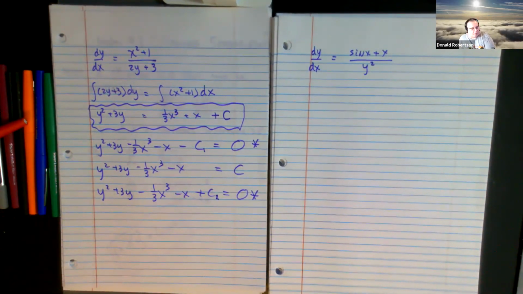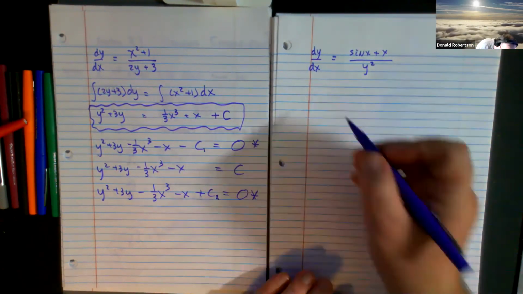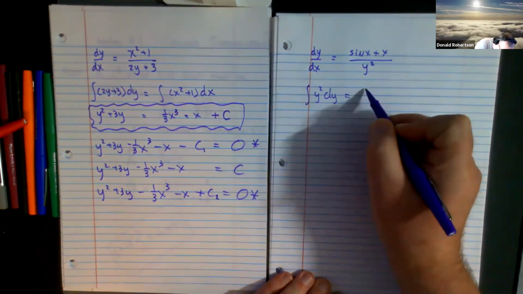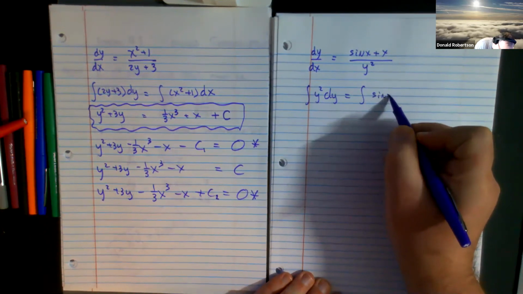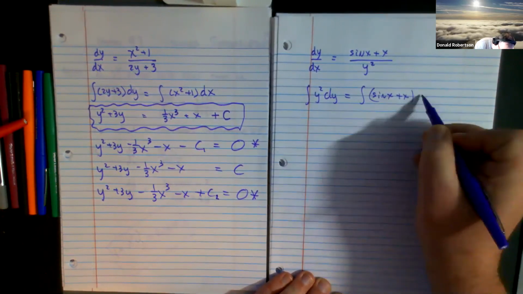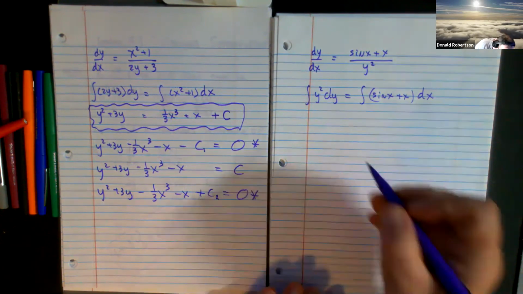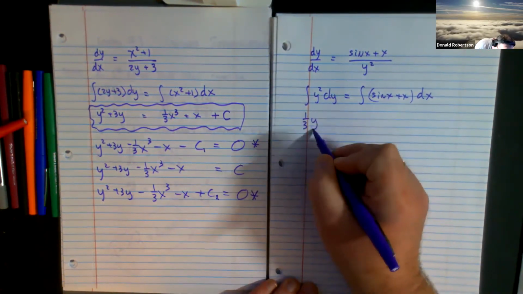Right, variable separable. Do the crossover. Isn't it a bit like U subs, where you do the crossover and then stick an integral in front of it? It's a bit like that. Now, power rule.